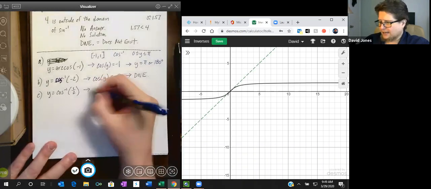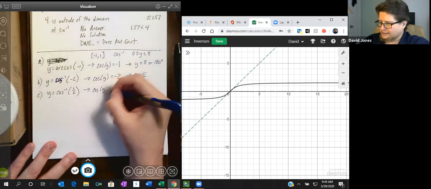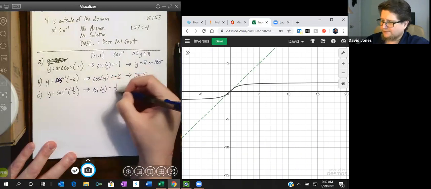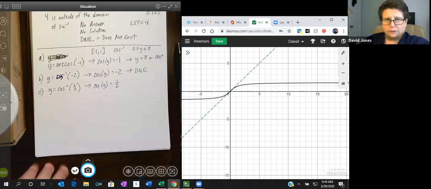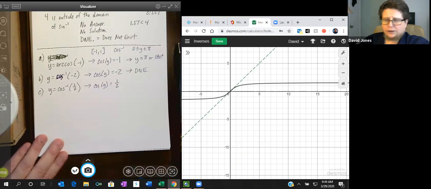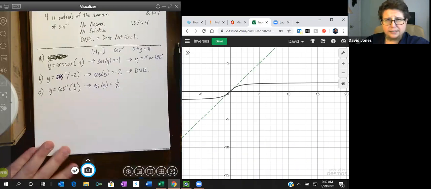And finally, we have cosine of y equals 1/2. And we want quadrant 1 or quadrant 2. Only in quadrant 1 is cosine positive, so we're looking at 0 to 90 degrees.